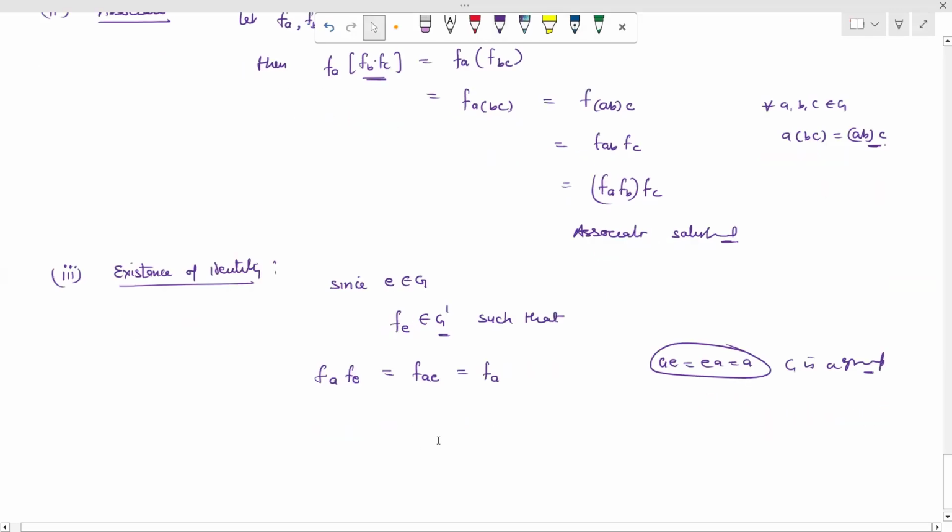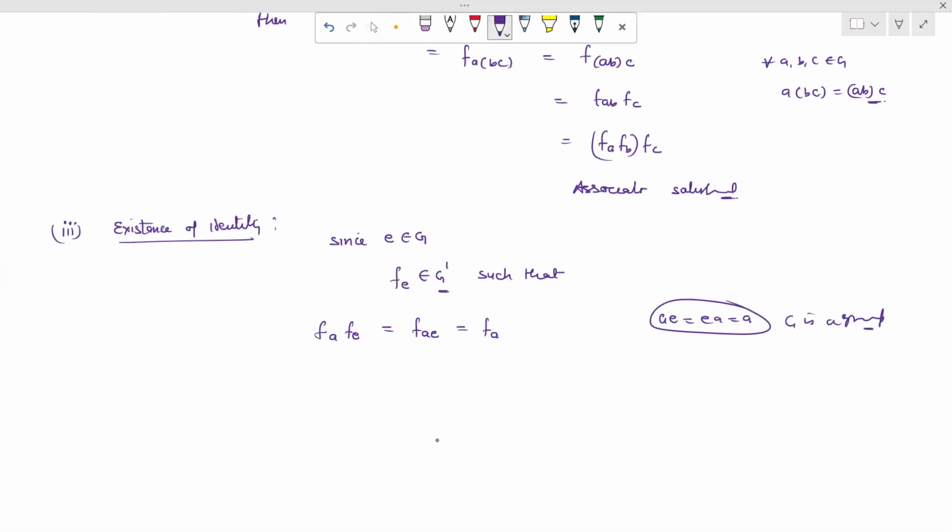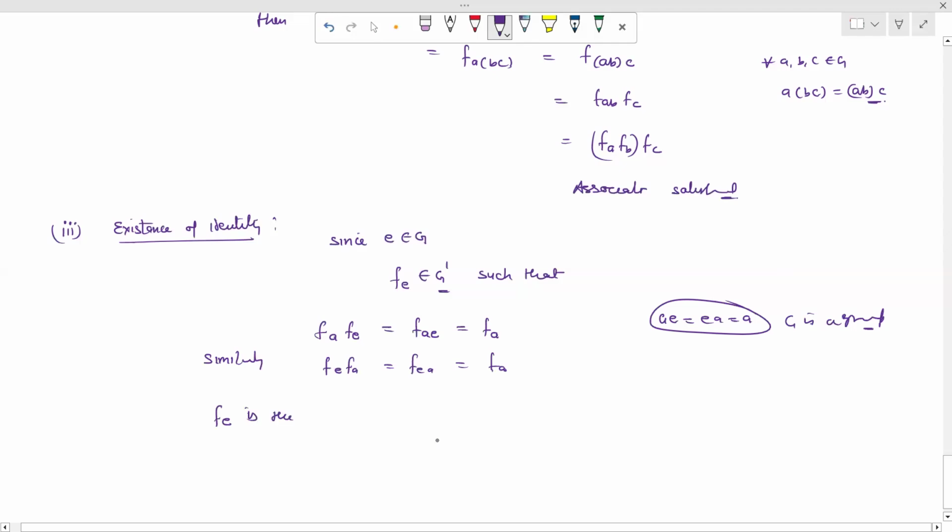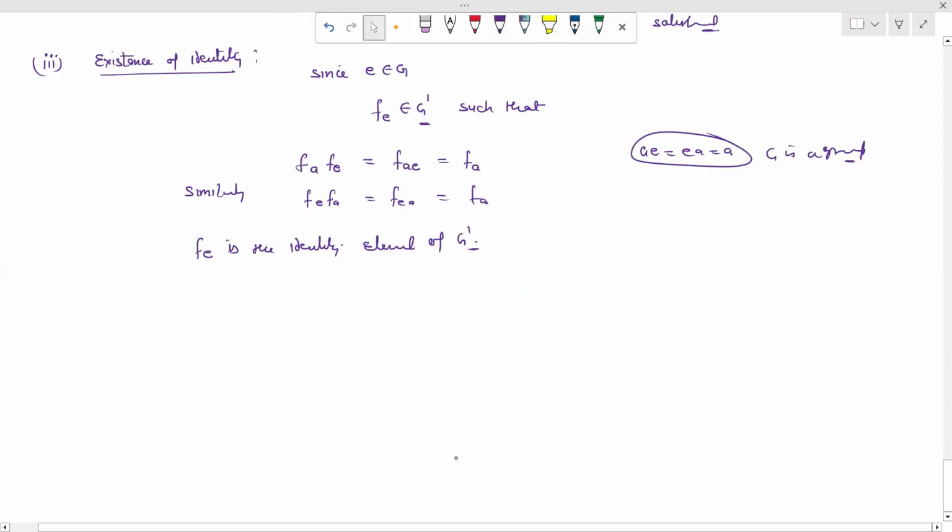Similarly, f(ea) is equal to f(a). So f(e) works as an identity. So f(e) is the identity element of group G dash.